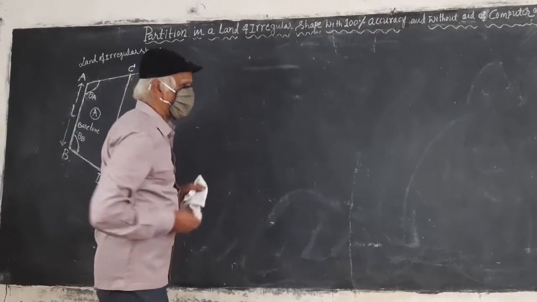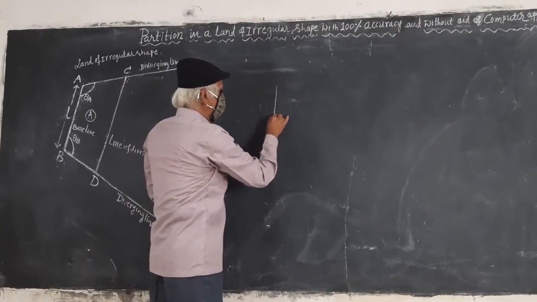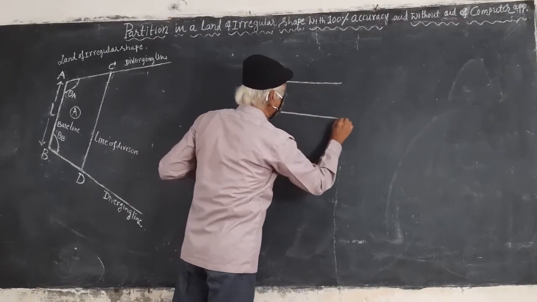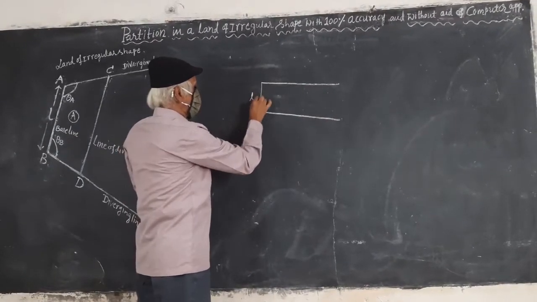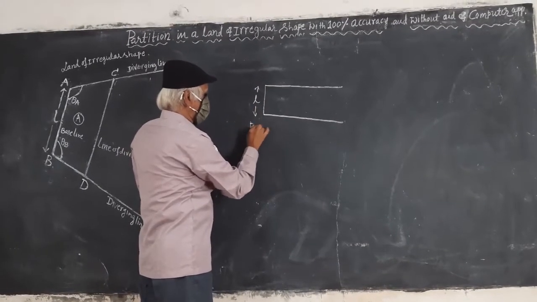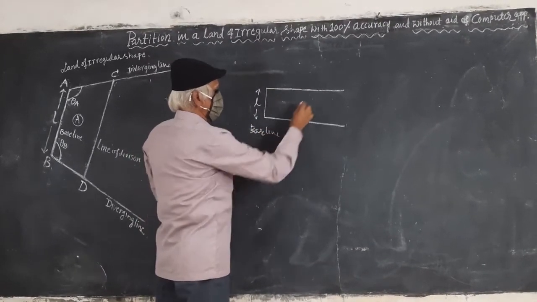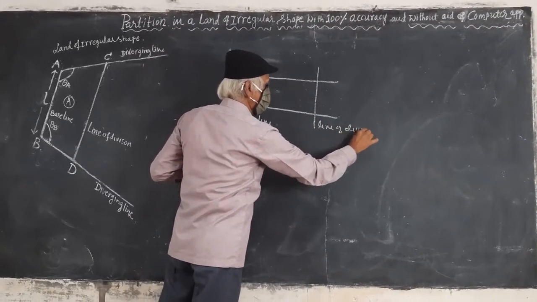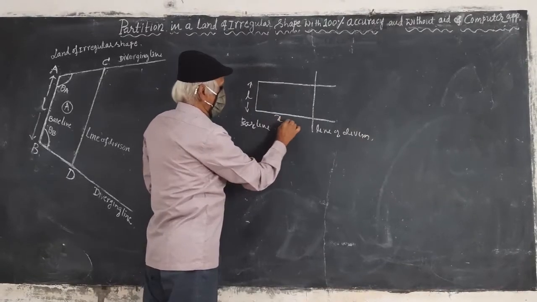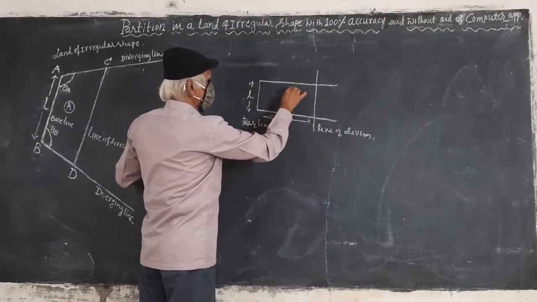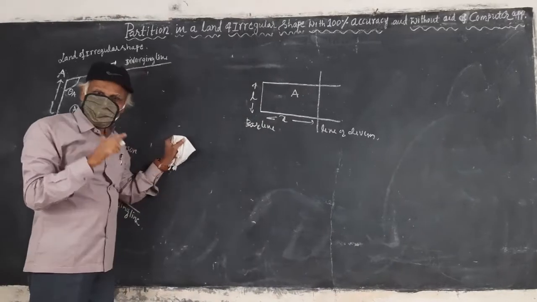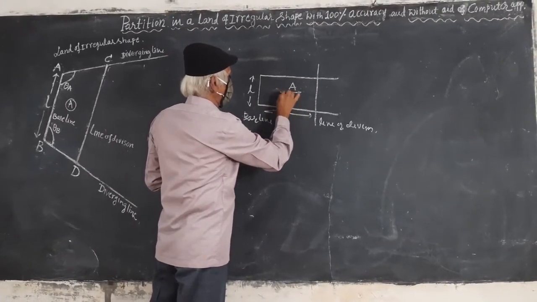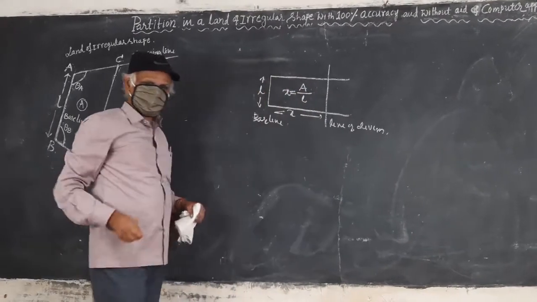If the given land had been of the shape of a rectangle, then one could easily find the line of division by just dividing the given partition area with the length of the baseline.